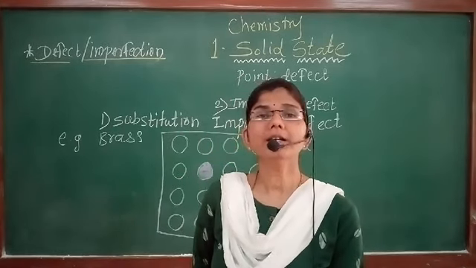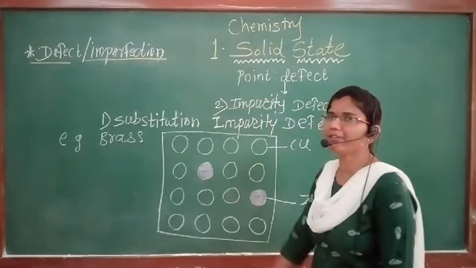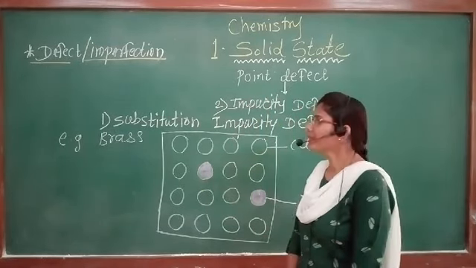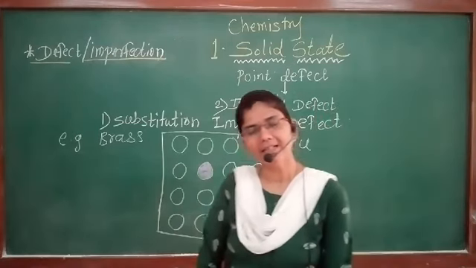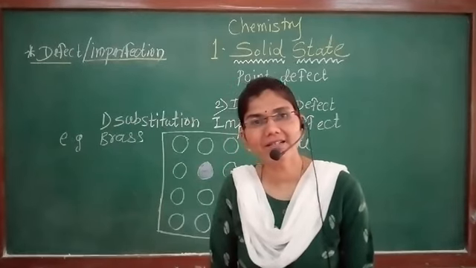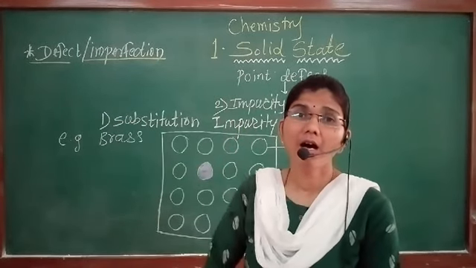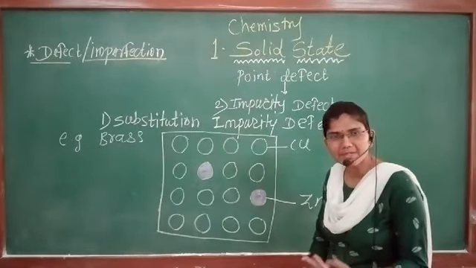So the impurity defect is the second type of point defect, and it is further classified into two types. The first one is substitutional impurity defects and the second one is interstitial impurity defects.